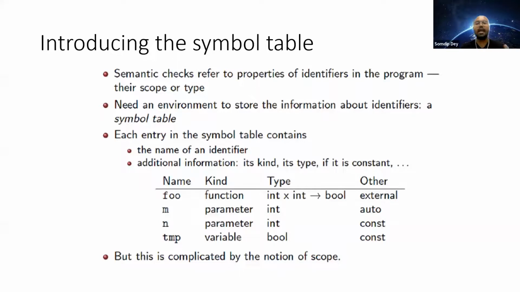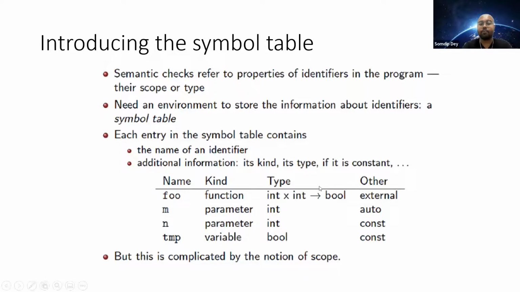Now, you need an environment to store the information about the identifiers, and that is done through a symbol table. Each entry in the symbol table consists of the name of the identifier, and also additional information such as its kind or its type, or whether it's constant or not, and so on.